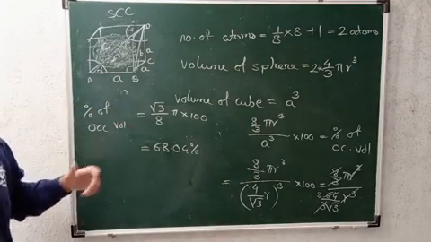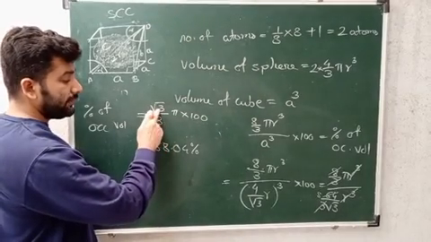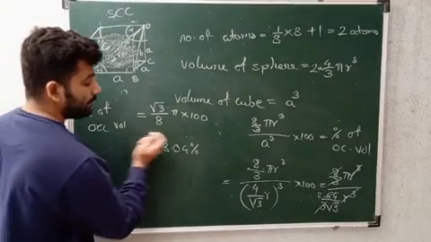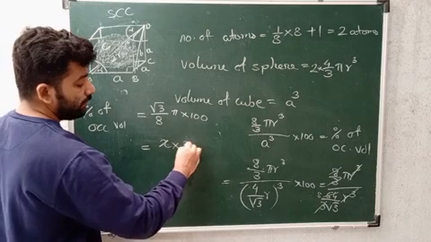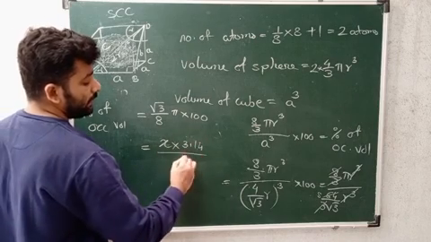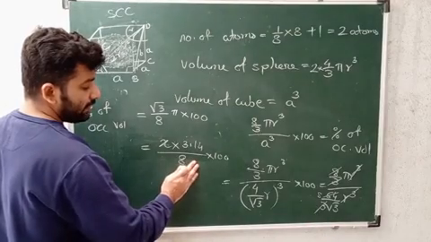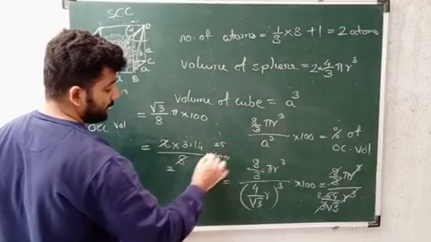I don't have a log table right now with me. If I had, you would look up the value of root 3 and multiply it. Taking the value of root 3 as x, into 3.14 divided by 8 into 100. You can simplify this: 4 twos are 8, and 4 into 25.